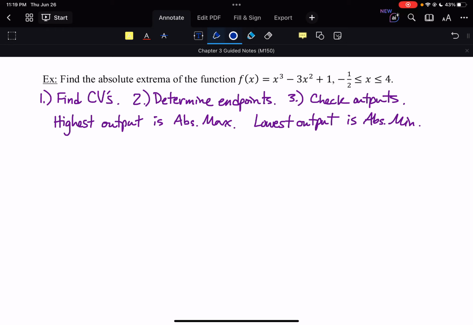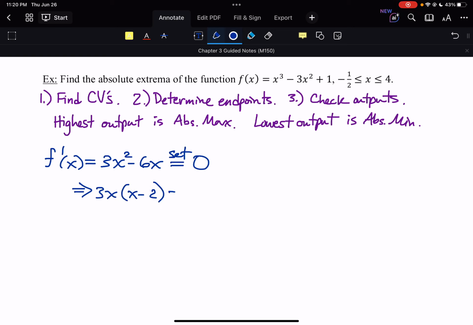So let's try it with this one. F prime of x, we take the derivative, that's 3x squared minus 6x. We set it equal to 0, and we factor and solve, so that's going to be 3x times (x minus 2). So we get x equals 0 and x equals 2.